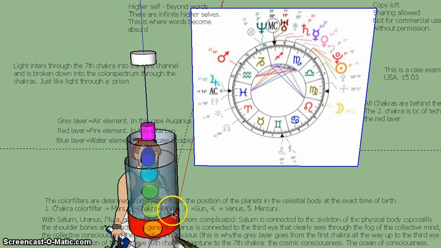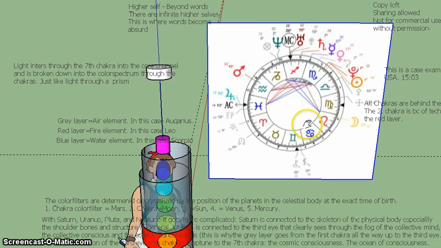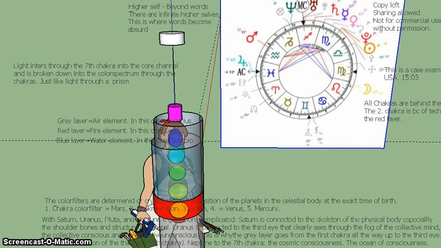Of course, Scorpio has specific qualities as well, but I will not go into depth about them now. And up here again, we see how the first chakra's filter is connected to the sixth chakra's filter. Yeah, so that's basically how the planets and the chakras are connected.